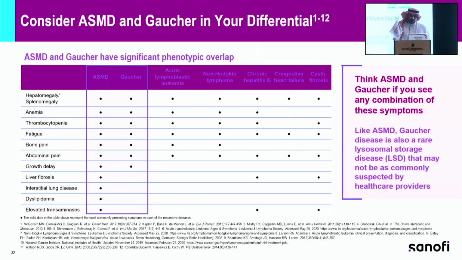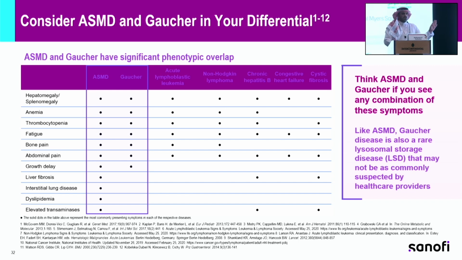If you have these symptoms, hepatomegaly, splenomegaly, anemia, thrombocytopenia, you will consider hematologic malignancy, like acute leukemia, lymphoma, in some cases multiple myeloma or MPN. And when you screen for these diseases, some patients will be negative.